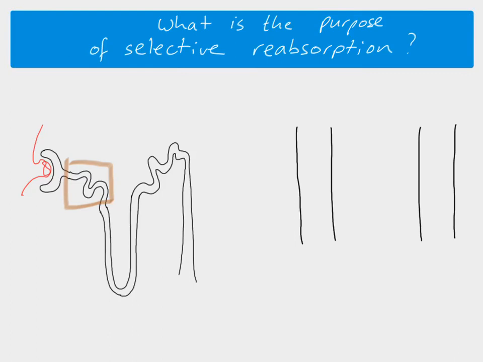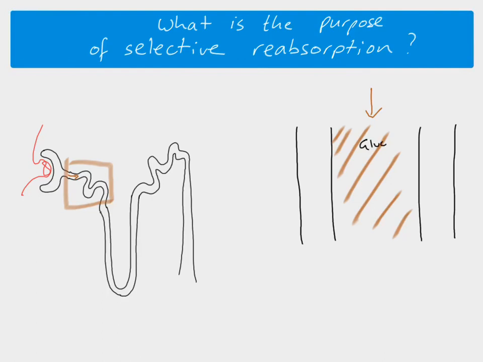If we start off with our proximal convoluted tubule, so this is our tubule here, so here is one of the walls of the tubule, and here is the other wall, which means that in the middle here, this is where we'll find the filtrate. So this filtrate has moved down from the Bowman's capsule, and it will now continue through the proximal convoluted tubule.